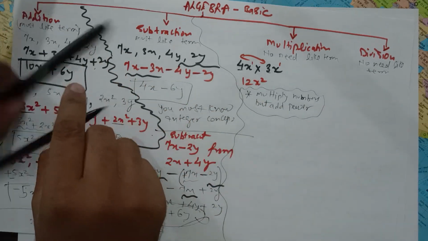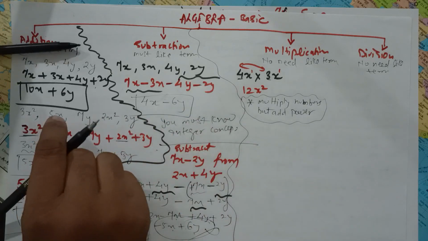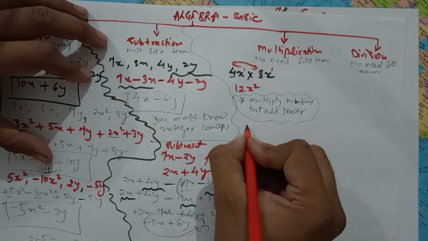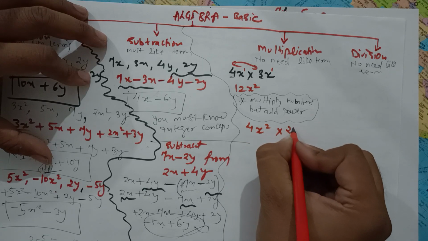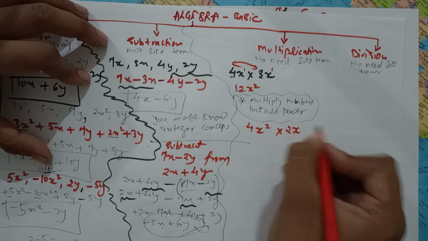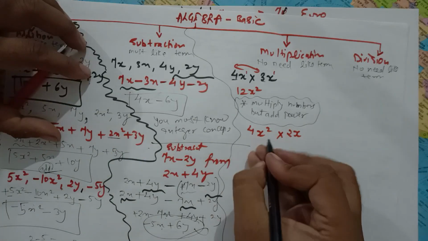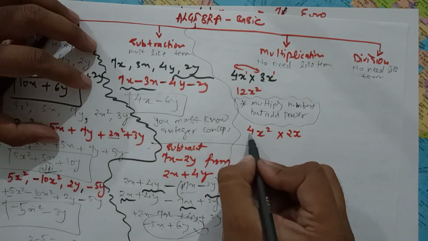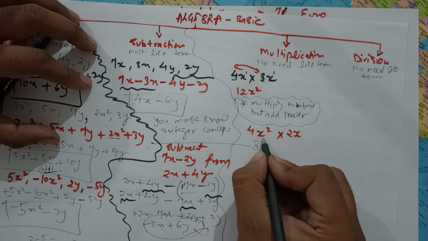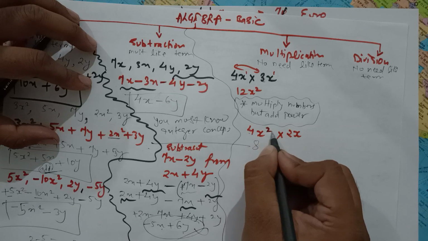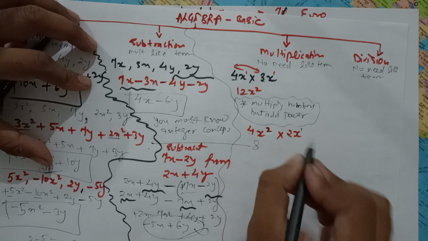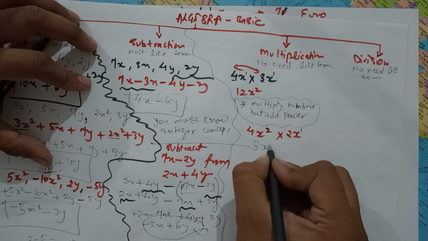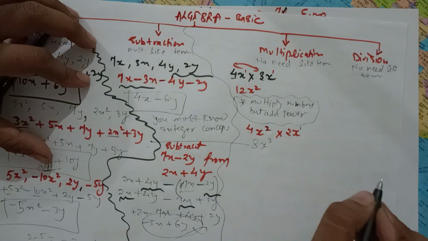For example, if we are given 4x square multiply 2x, what we'll do is 4 into 2, 8, and here the power of x is 2 and here the power of x is 1, so they will be added. So it becomes 8x cube.